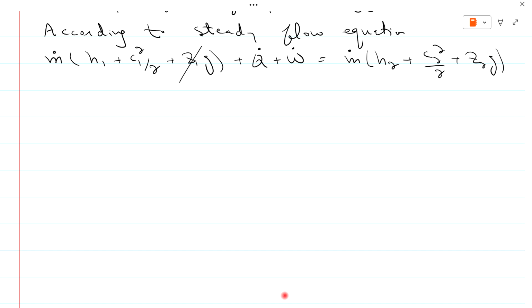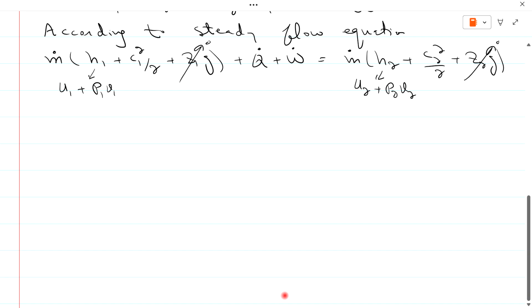As both are at the same elevation, the z1g term and z2g term will cancel, because if I write this term on the right side, z2 minus z1 is equal to 0. And h1 is equal to u1 plus p1 v1, and h2 is equal to u2 plus p2 v2, because h is equal to u plus pv.